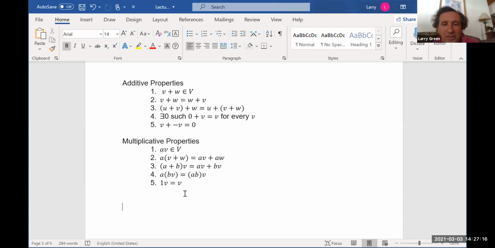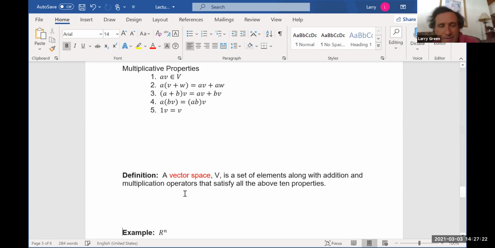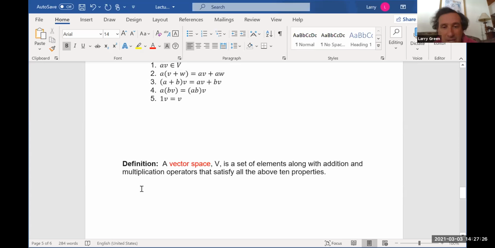So because there's so many things that satisfy all 10 of these, we have a name for it. And this is that big definition. This is a really important definition for this quarter. I say that a lot, but this is one of the biggies. A vector space, V, is a set of elements along with addition and multiplication operators that satisfy all of the above 10 properties.